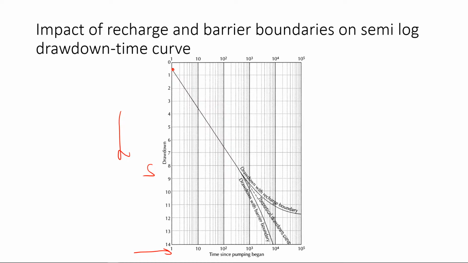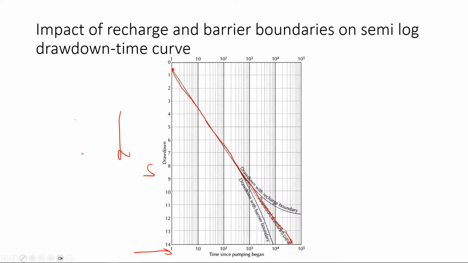And as time goes, your drawdown will increase. You start here, and after some time it will be here, after some time it will be here. My drawdown will keep increasing.